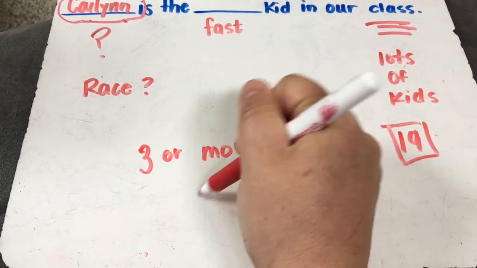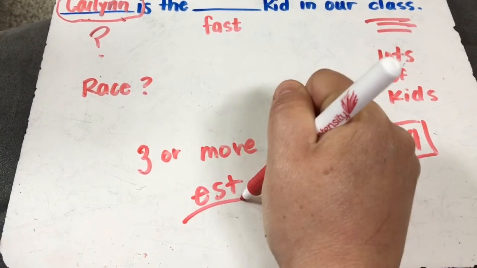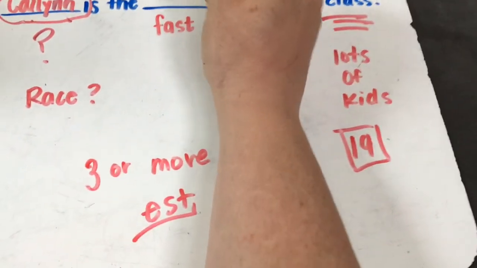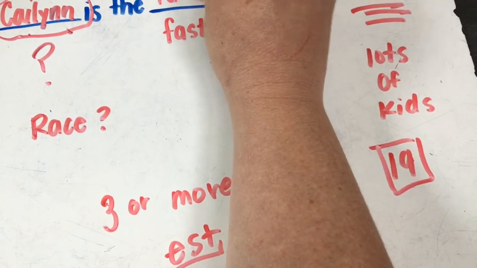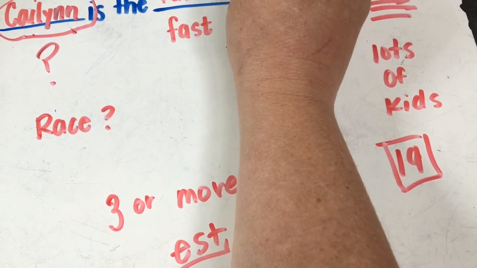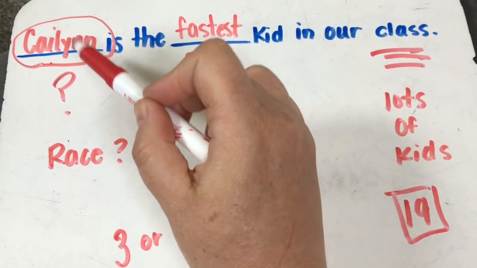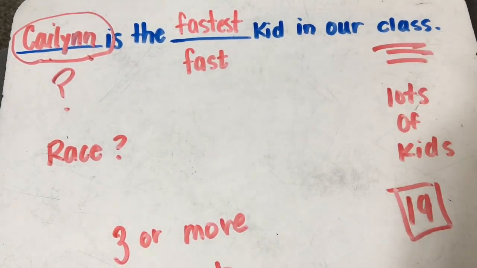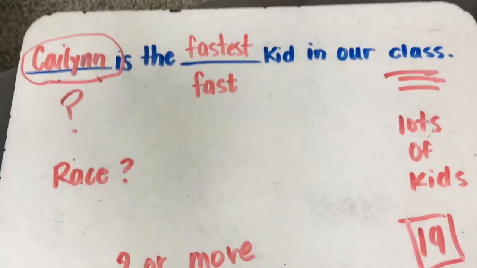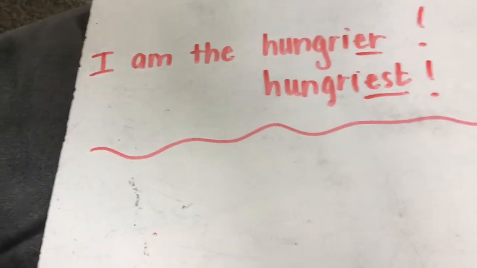So we are going to be adding the suffix EST. So we put our root word, fast, and then we're going to add our suffix, EST. Kaylin is the fastest kid in our class. I'm not saying that's true, but I just came up with an example.